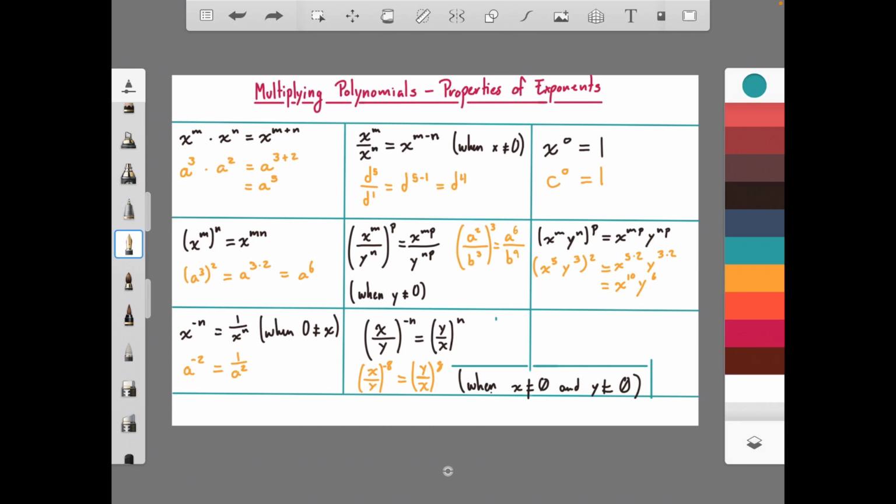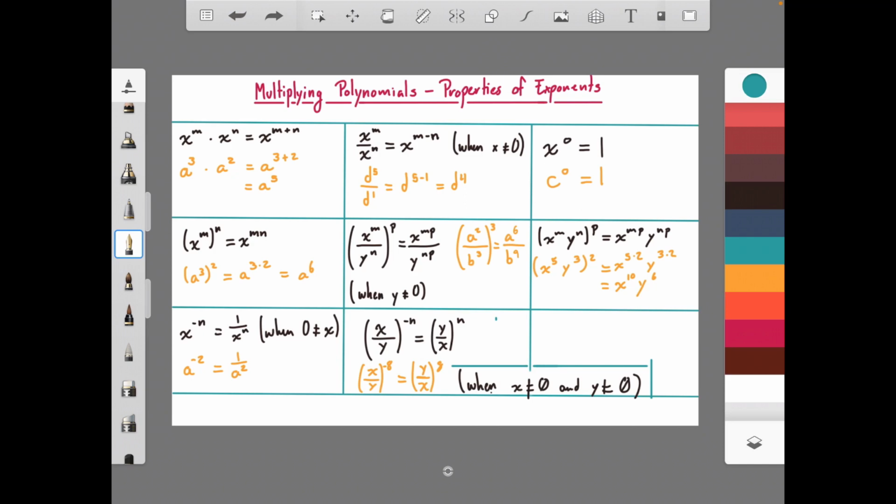So we can see that the exponent that is raising all of the division process, or the fraction, is actually being distributed to both the numerator and the denominator. So that's very important to keep in mind. So it kind of works like the distributive property.